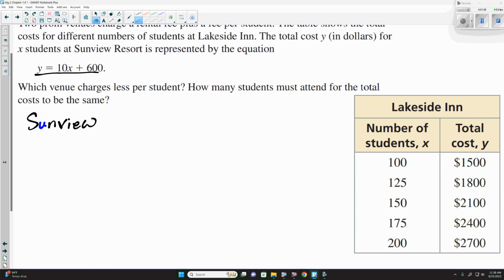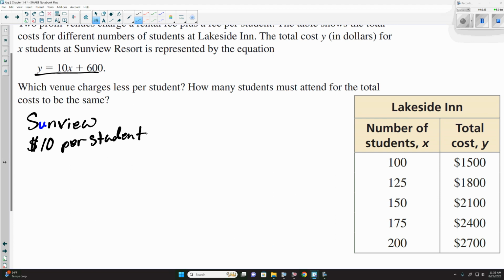Well, the slope is the cost per student, and for Sunview, the cost per each student is what? Yeah, $10 per student.